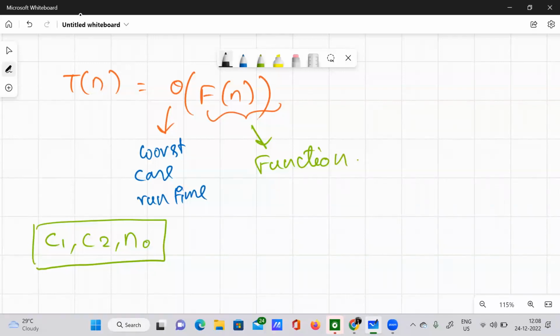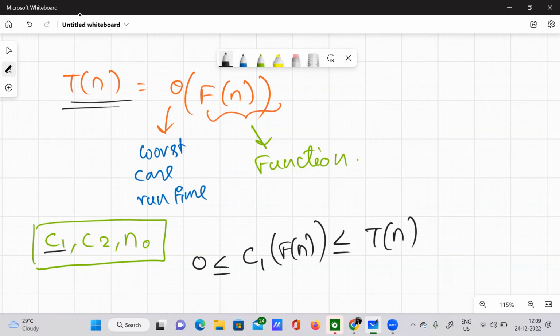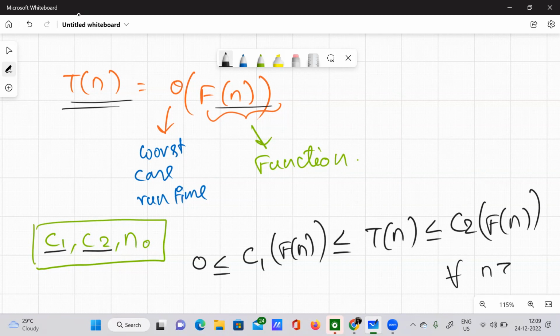I say 0 is less than or equal to c1 of f of n, that is my first term, and that is less than or equal to t of n, and this is less than or equal to c2 of f of n, for all n greater than or equal to n0. So these are all the constants.